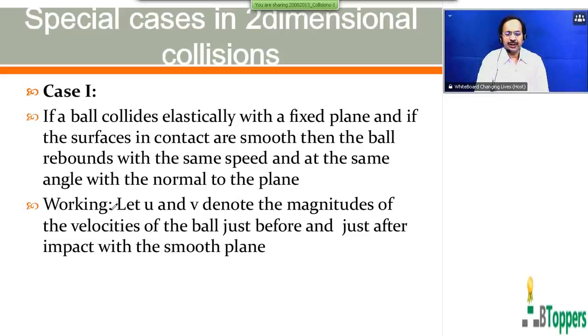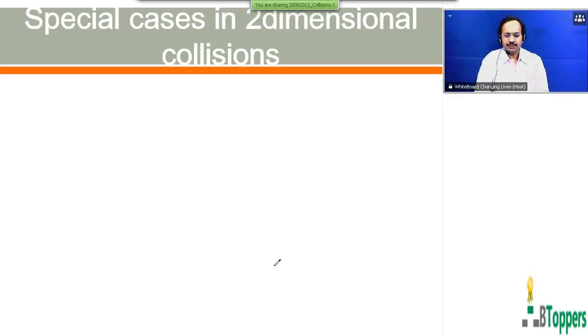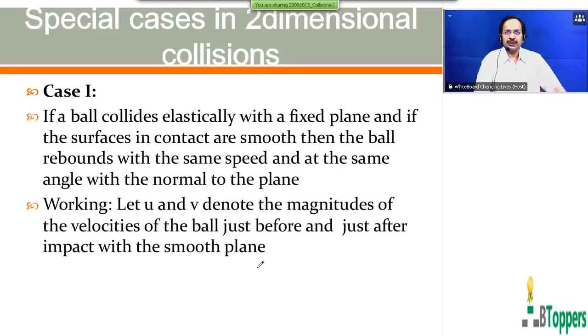Next, for the working, you can write here: let u and v denote the magnitudes of the velocities of the ball just before and just after impact with the smooth plane. Finish writing the notes up to here.